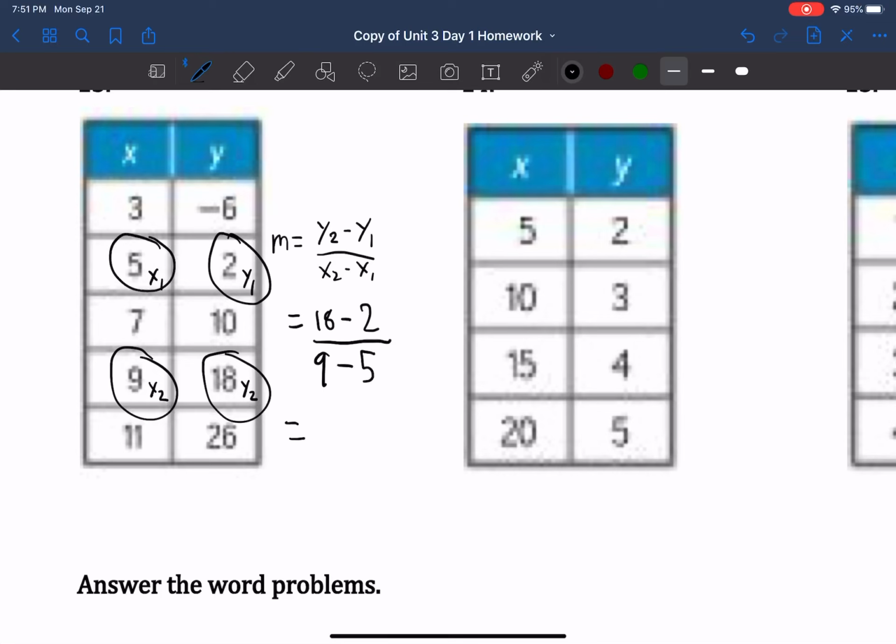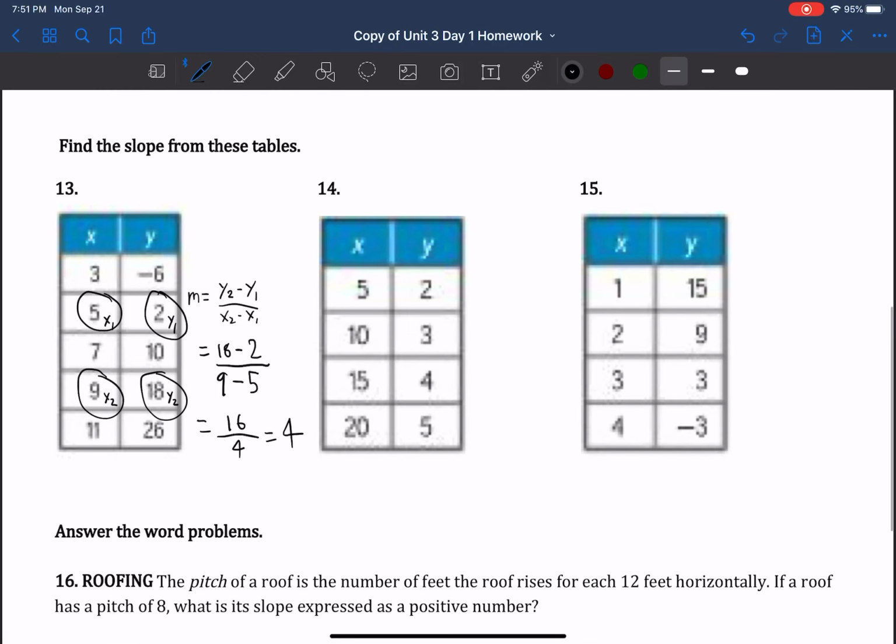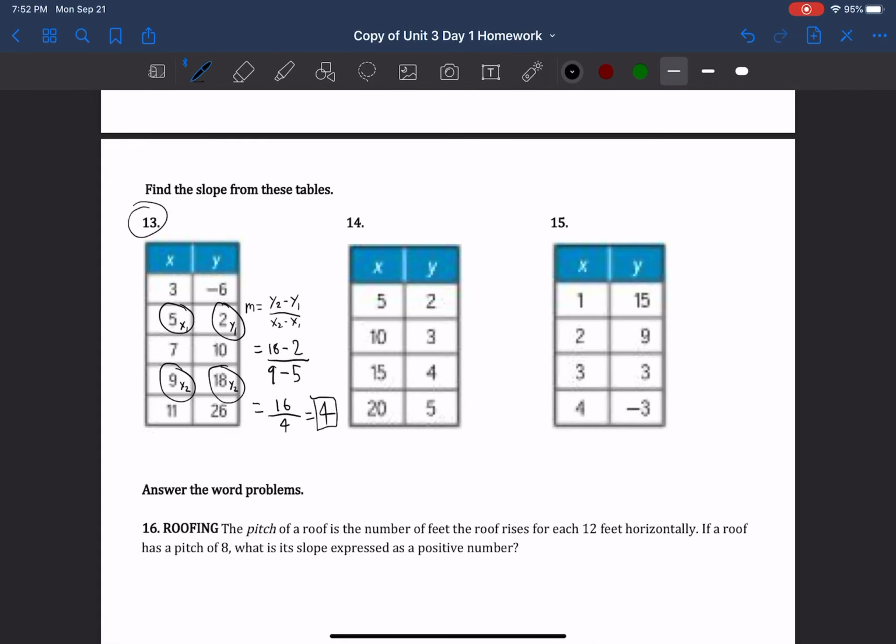And this is going to equal 18 minus 2 is 16 divided by 9 minus 5 is 4. And we know 16 divided by 4 reduces to 4. So the slope for number 13, this table of values, is 4. And it doesn't matter which 2 points we pick, the slope will always be 4. So on 14 and 15, all you have to do is pick 2 points.